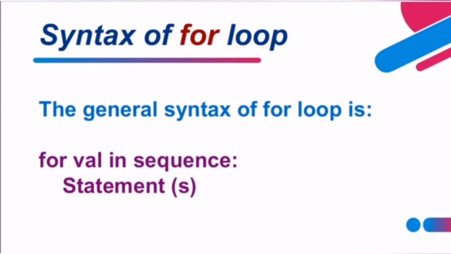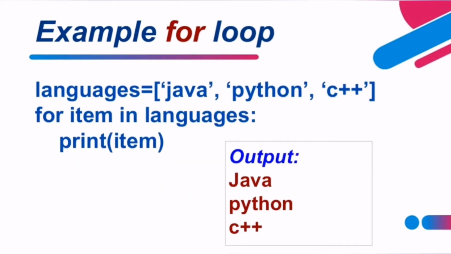Let's see a few examples. Here we will print each item of a list using a for loop. Here the list languages equal to, there are 3 items in the list: Java, Python, and C++. According to the syntax, every text will be enclosed with quotation marks and separated with commas. Then I will take the for loop, and item is the variable, and then in languages.